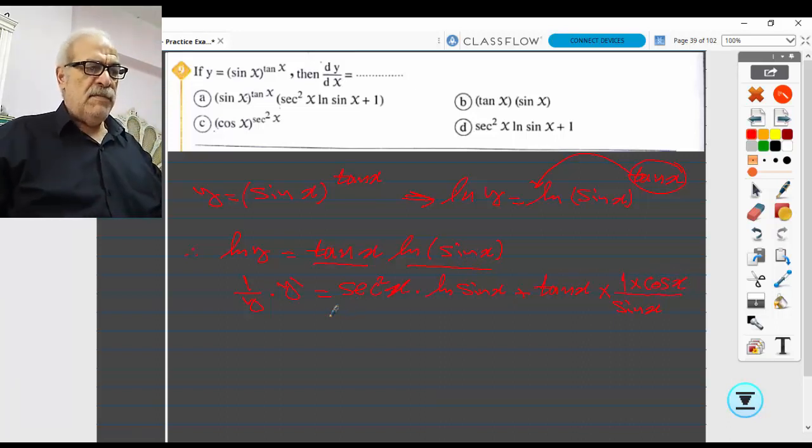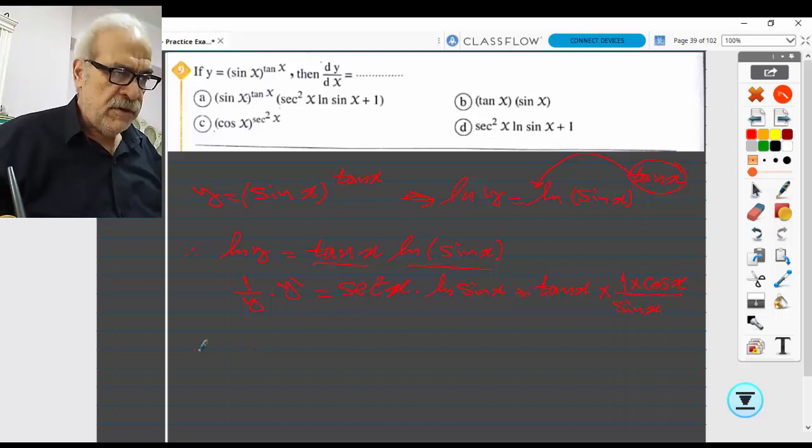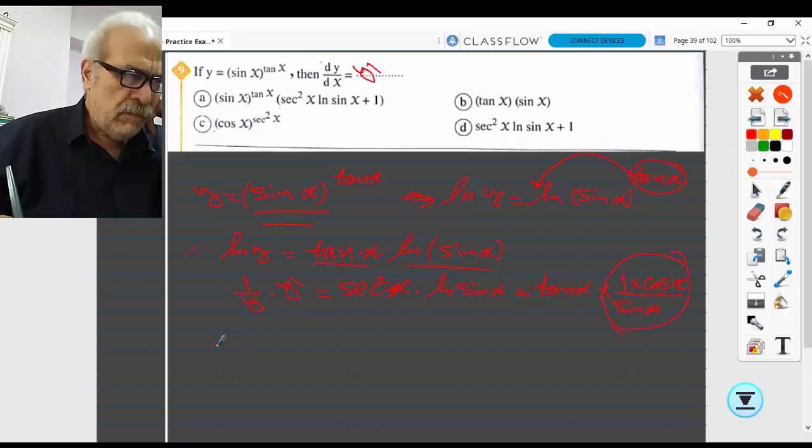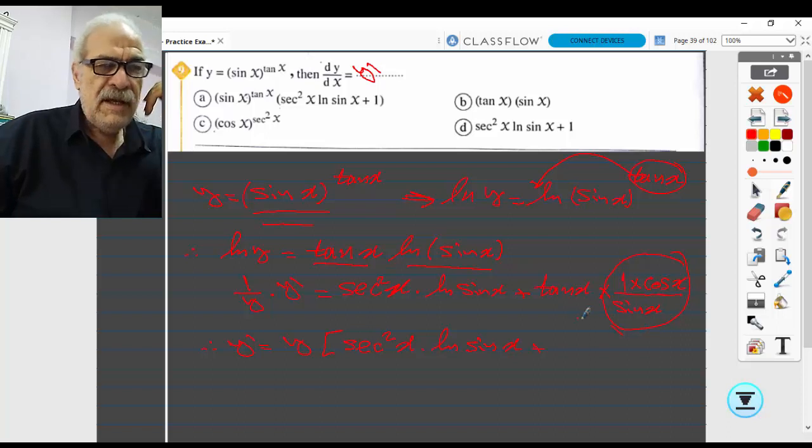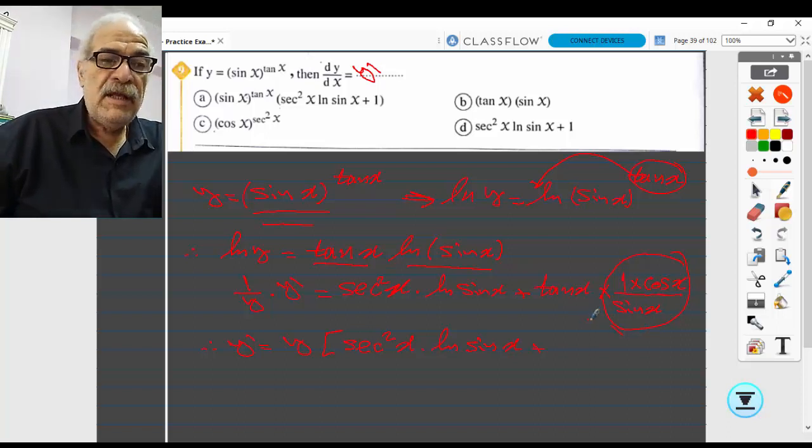Okay, and we simplify this part. Here we have y dash equals y multiply sec square x dot ln sine x plus tan x multiply cosine over sine is cotan, and tan multiply cotan equals 1.